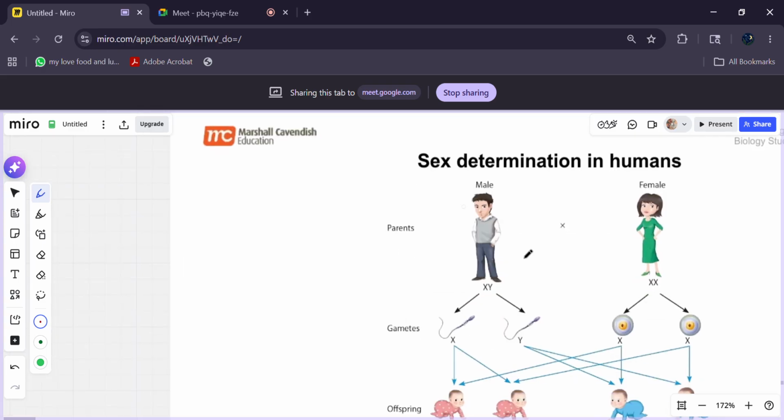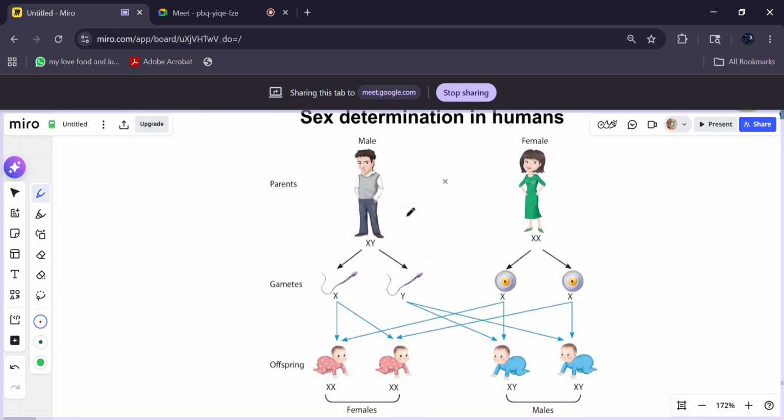Now, shown in this diagram, the sex determination in humans, you can see that a male can produce either X or Y, while a female only has XX. The chances of the child being a boy or a girl are determined through a cross table.